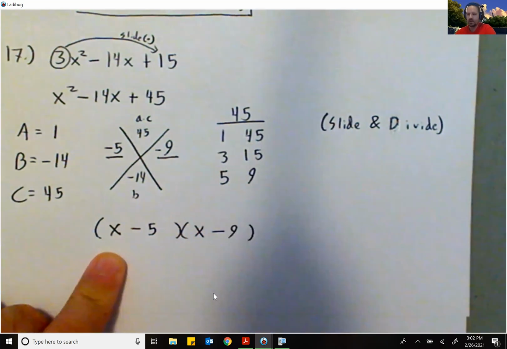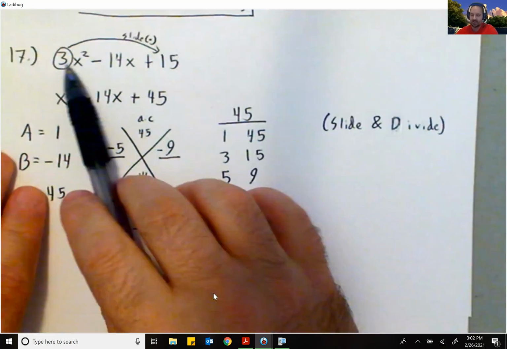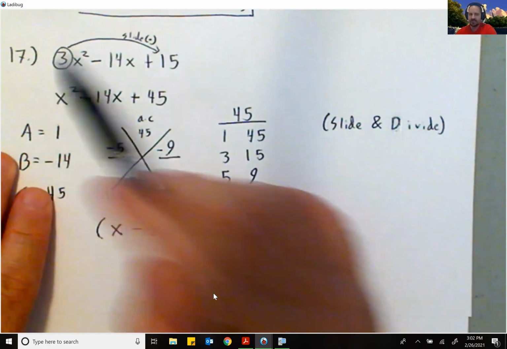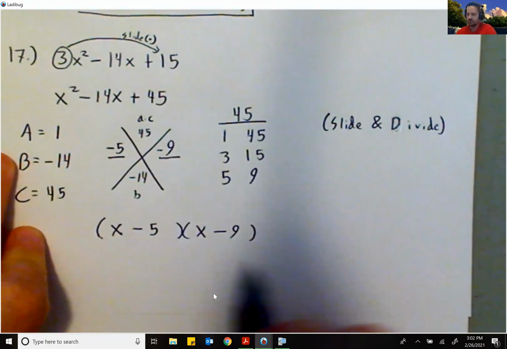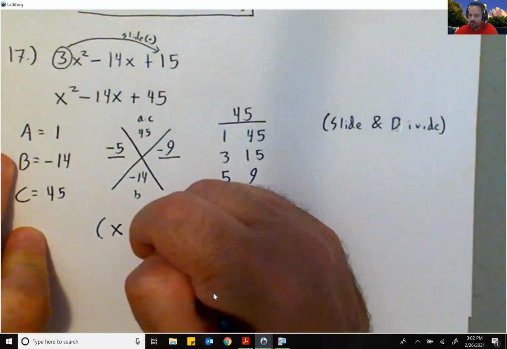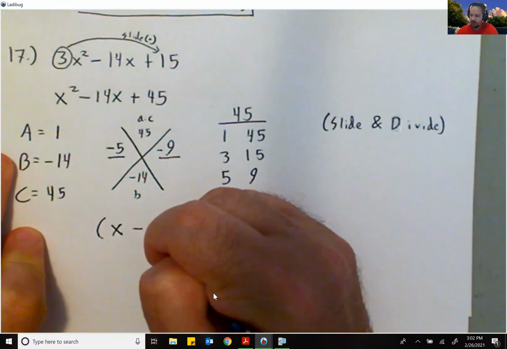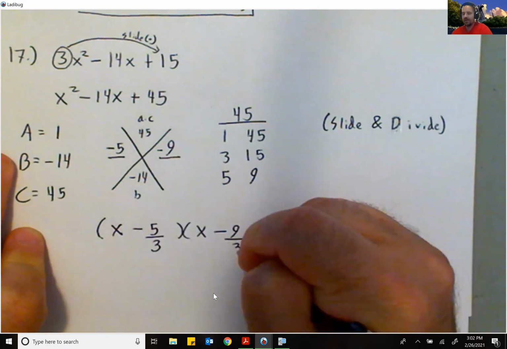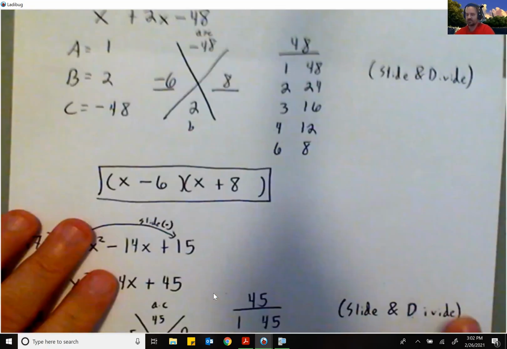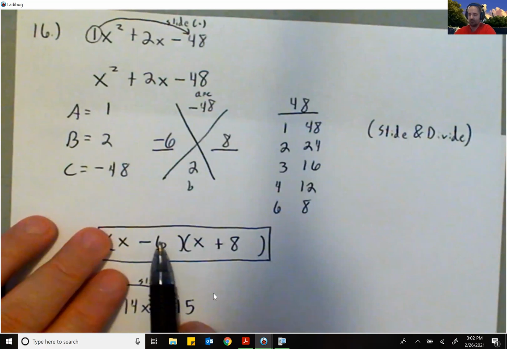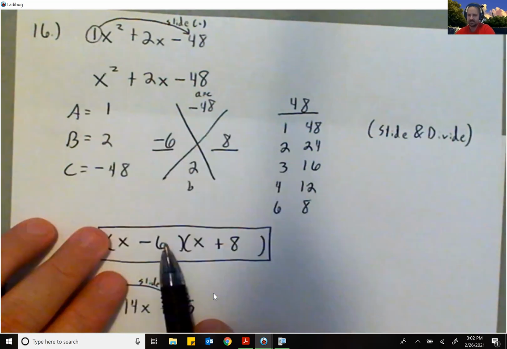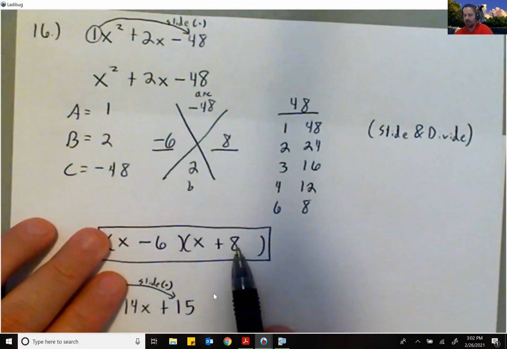Now, because our value was actually 3 this time, here you're going to see the divide step. Once you do this, you take the values you just found and divide them by 3. We didn't do this before in step number 16 because 6 divided by 1 is just 6, and 8 divided by 1 is just 8.